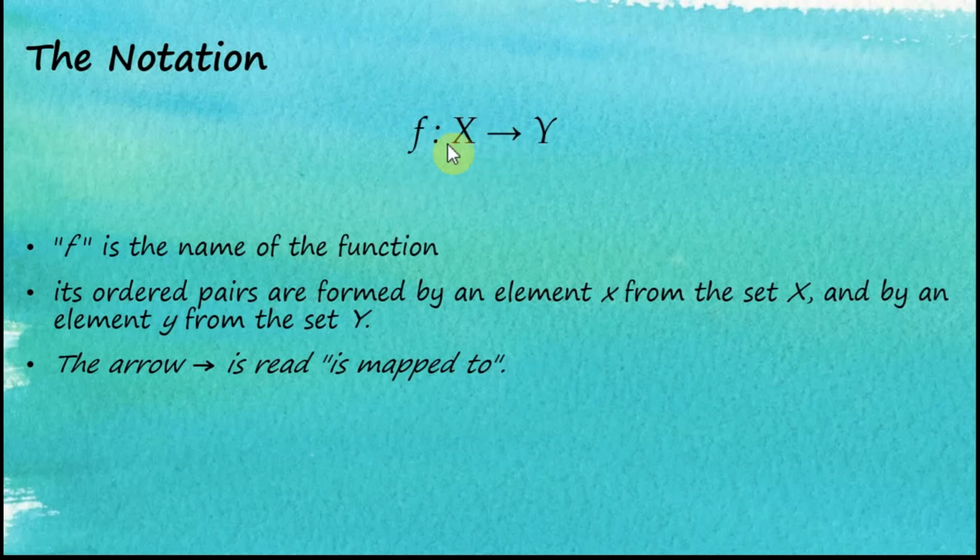The first set is X, and the second set is Y. For every function, it forms an ordered pair, formed by an element x from the set X, which is the object, and an element y from the set Y, and this y is the image. The arrow is read as "is mapped to". So this function tells us that we map the elements in set X to Y. This is the meaning of this notation.